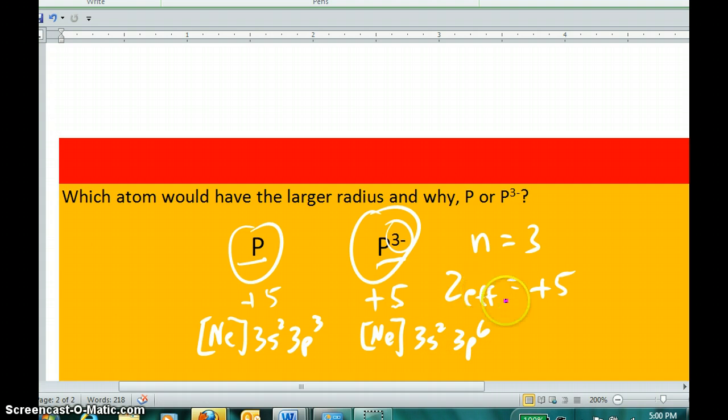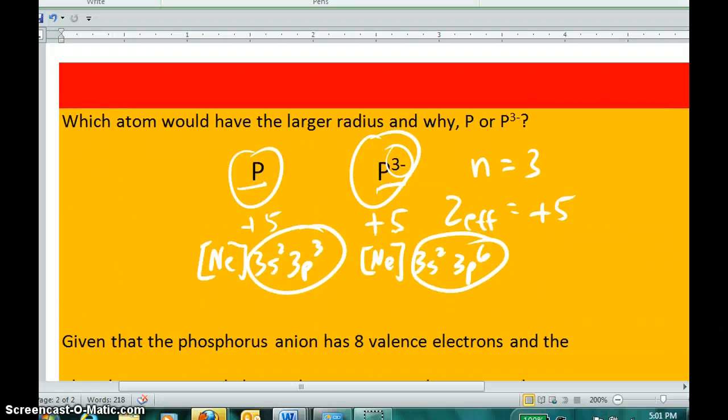In other words, the only difference I can see is that we have 8 valence electrons here and only 5 here. And a greater number of valence electrons would experience greater electron repulsion, and that would of course tend to expand them outward from the core electrons and from the nucleus. So the phosphorus anion has a larger radius.